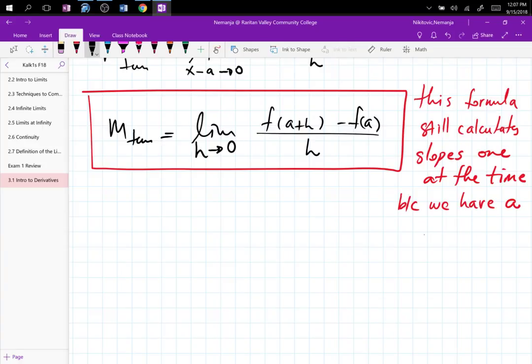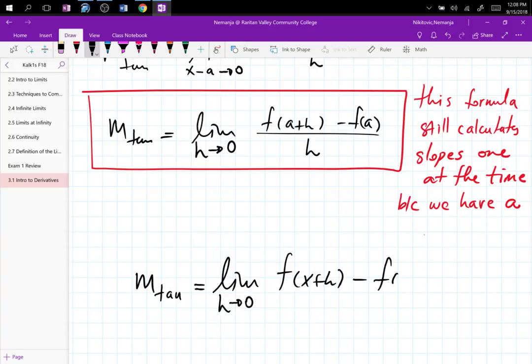So now we are writing the final version of the formula. Limit h goes to 0 of f of x plus h minus f of x over h.